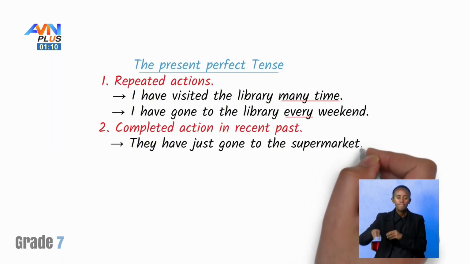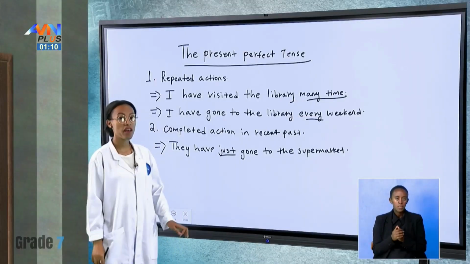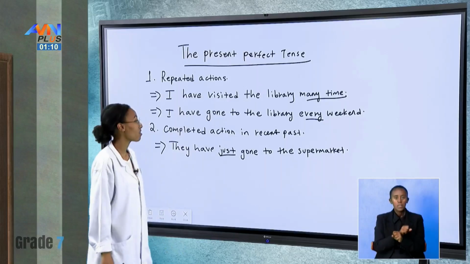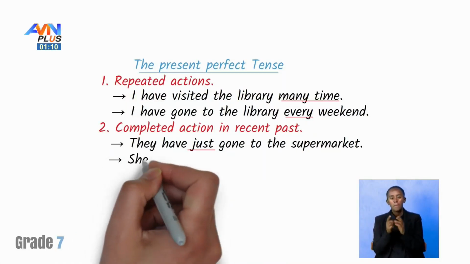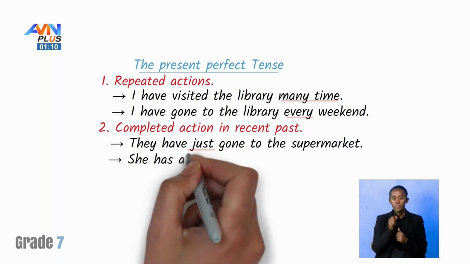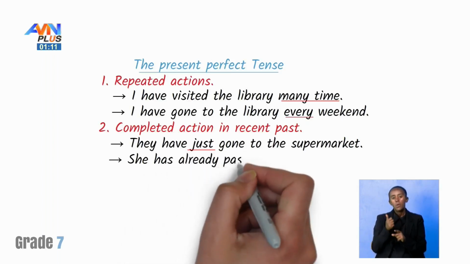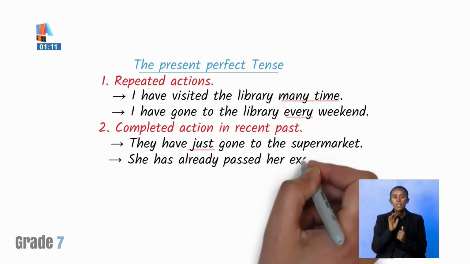This is showing us what? This action just recently happened. So if that is the case, it is an action completed in recent past. And what else? What other examples can we give? She has already passed her exam.